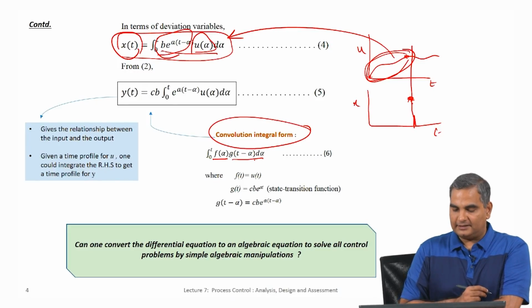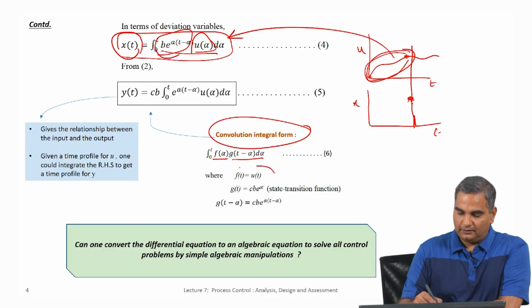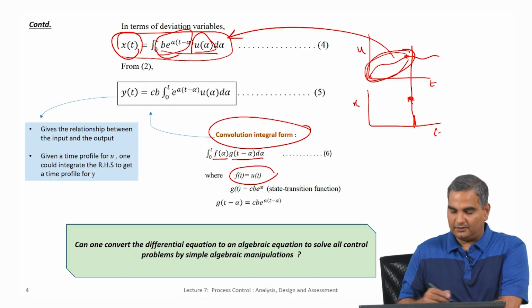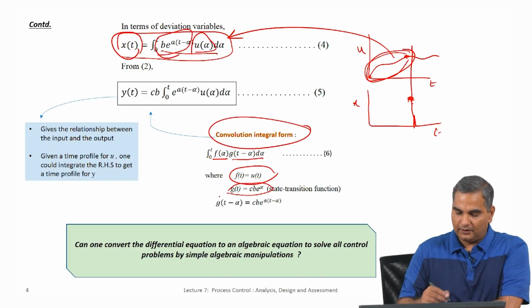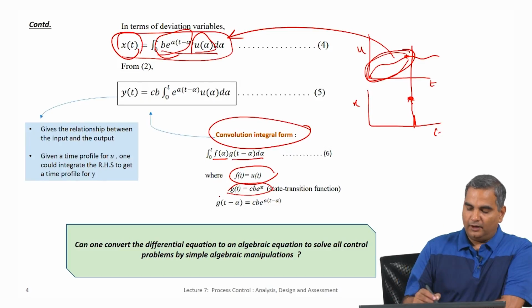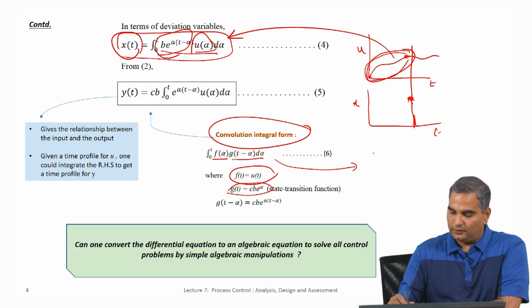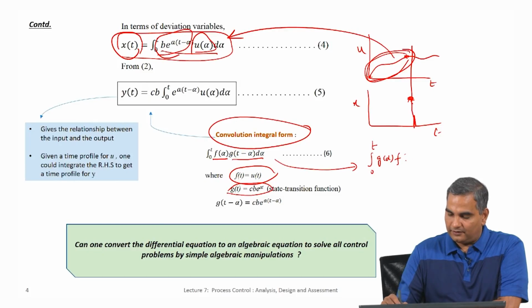So, in this case actually you can look at this and say, well, this is u of t, and if the other term is g of t minus alpha, then you can say g of t is c b e power a t. Now, you can also show very easily that this is also equal to 0 to t, very simple to show this. This can also be written as g of alpha f of t minus alpha d.